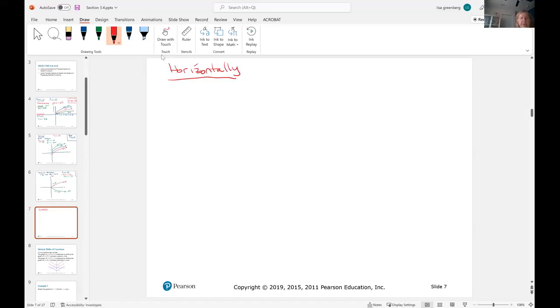I think it's the hardest one for people to understand. So I'm going to start with shifts. Now, if I'm shifting horizontally, it means I'm shifting left or right.